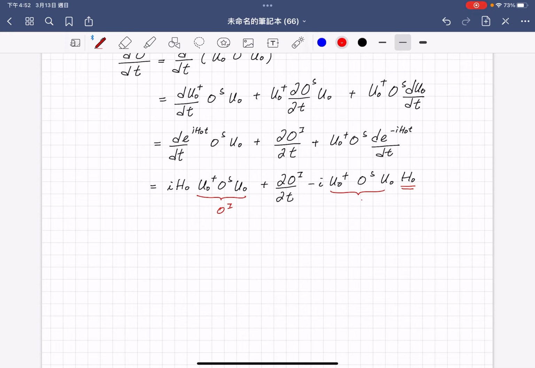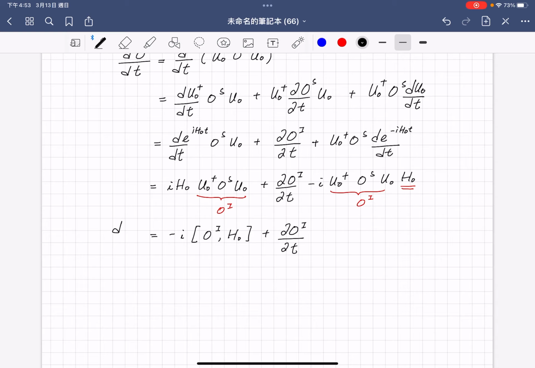Similarly, this term. So therefore, summing up all the terms, I will just have minus i and then a commutator of O_I and H naught plus the partial derivative of time for the operator in the interaction pictures.